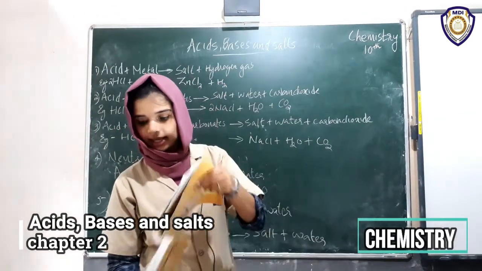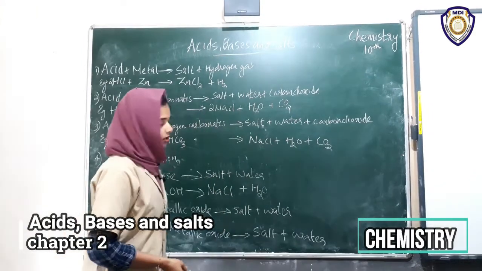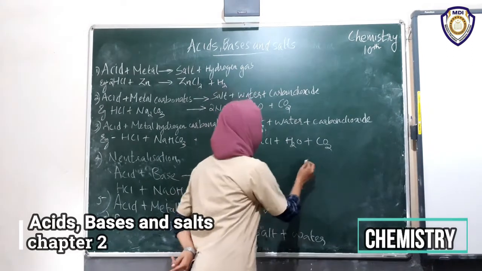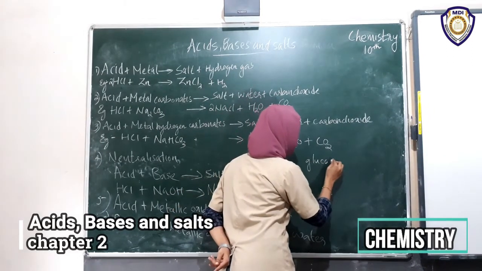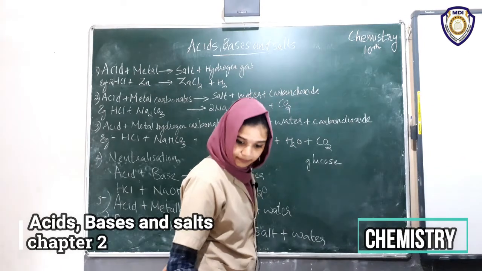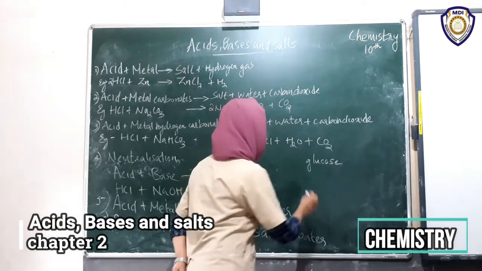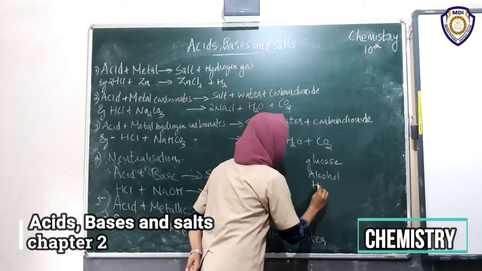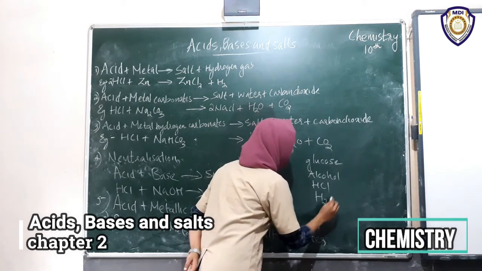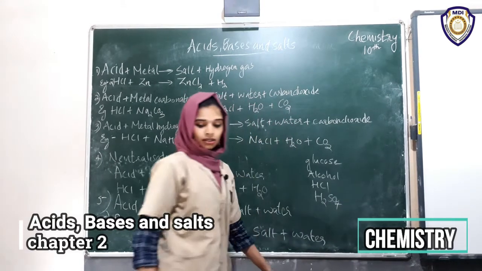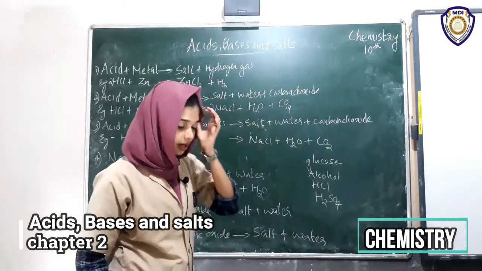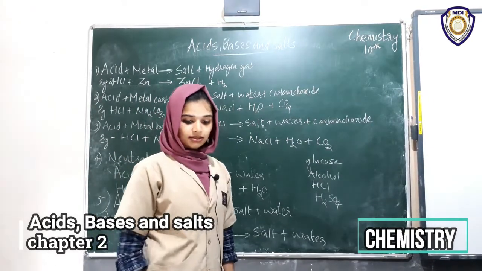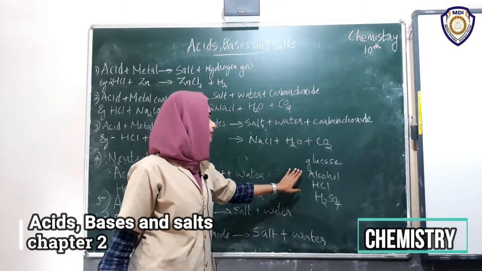Then in this activity they are asked to take glucose, then alcohol, then HCl, hydrochloric acid, then sulfuric acid. These are the liquids they are asked to take in this reaction. So let's see what happens when we add these solutions.